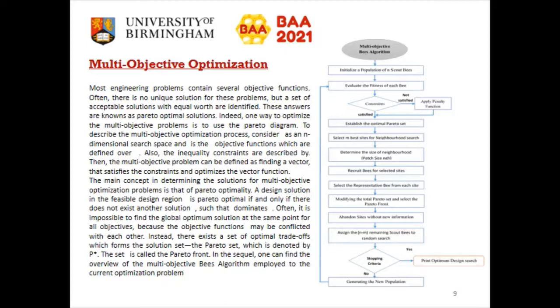Most engineering problems contain several objective functions, and there is no unique solution for these problems, but a set of acceptable solutions with equal worth are identified. These answers are known as Pareto-optimal solutions.